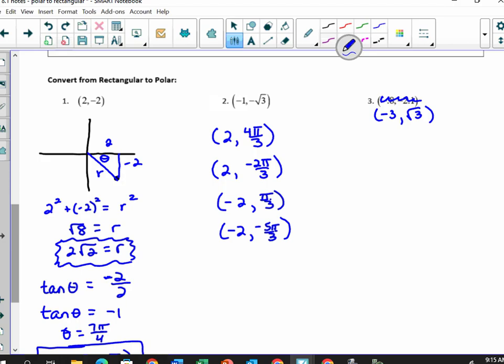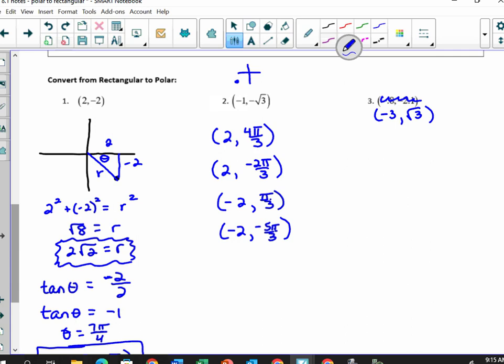If you're just doing the tangent of theta equals root 3, you get a first quadrant angle and you get a third quadrant angle. You need to know which one of those you're using. If you look at your point, I've got a negative x and a negative y. I'm in the third quadrant. You don't have to draw it, but I need you to know where you are. Does that make sense?